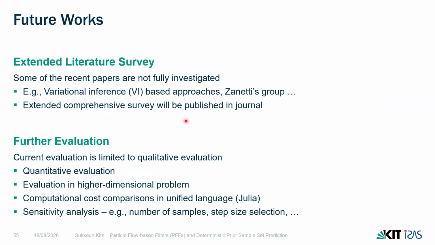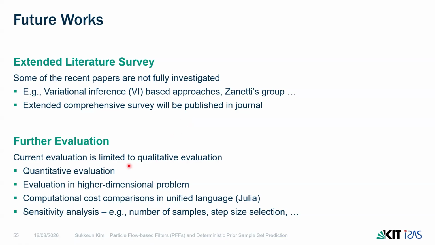We are working on an extended literature survey. We're presenting this one next week at a conference, but we want to work on a journal paper and hopefully show the work of this guidance so everyone can just read it and implement it easily.